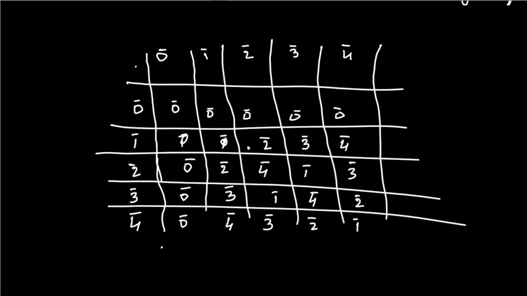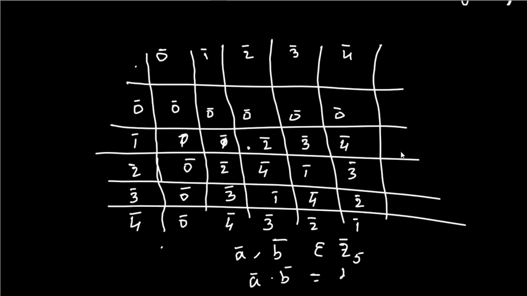In this table, of course, a and b belong to Z5.